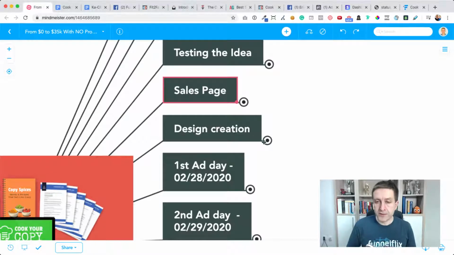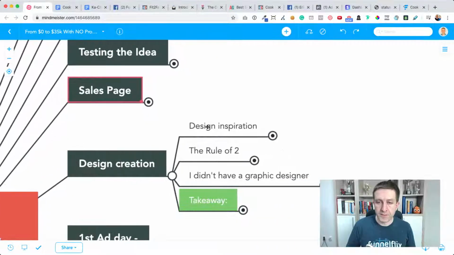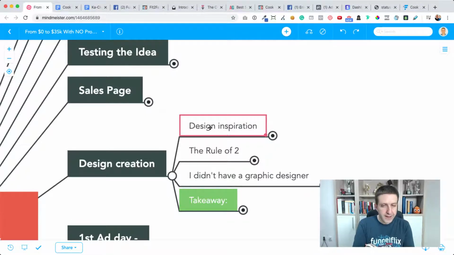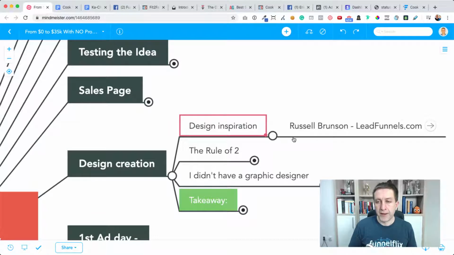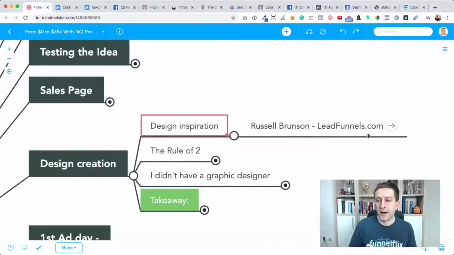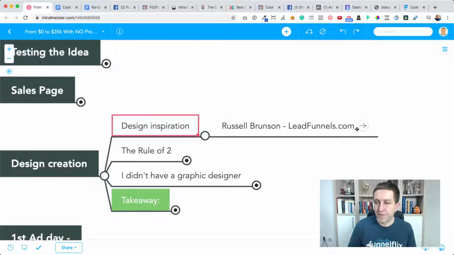So let's have a look at the design and design creation. Again, the key is to get inspired by something that works pretty well. Honestly, I was inspired by Russell Brunson's funnel, leadfunnels.com.